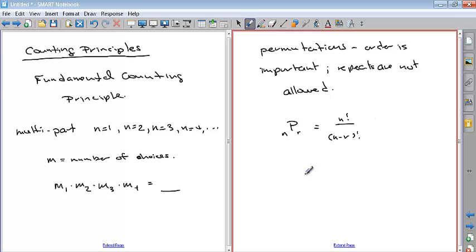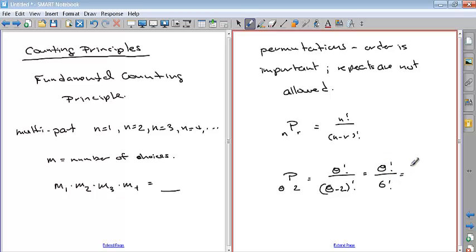Let's say, for example, it's 8 things taken 2 at a time. So you've got, say, 8 people, and you're going to choose 2 officers. You have n is 8, r is 2, so you get 8 factorial divided by 8 minus 2 quantity factorial, which is 8 factorial divided by 6 factorial.